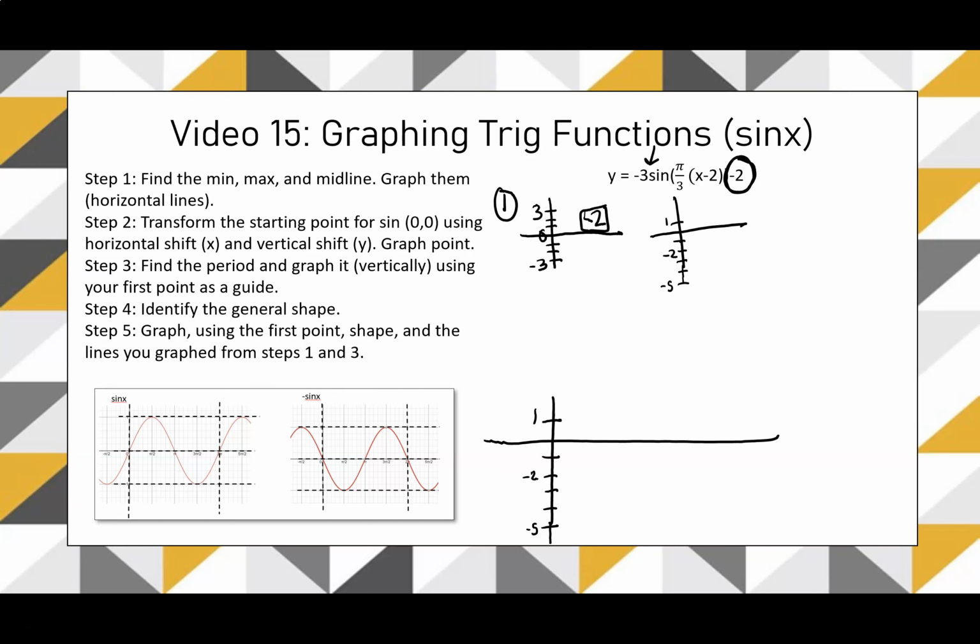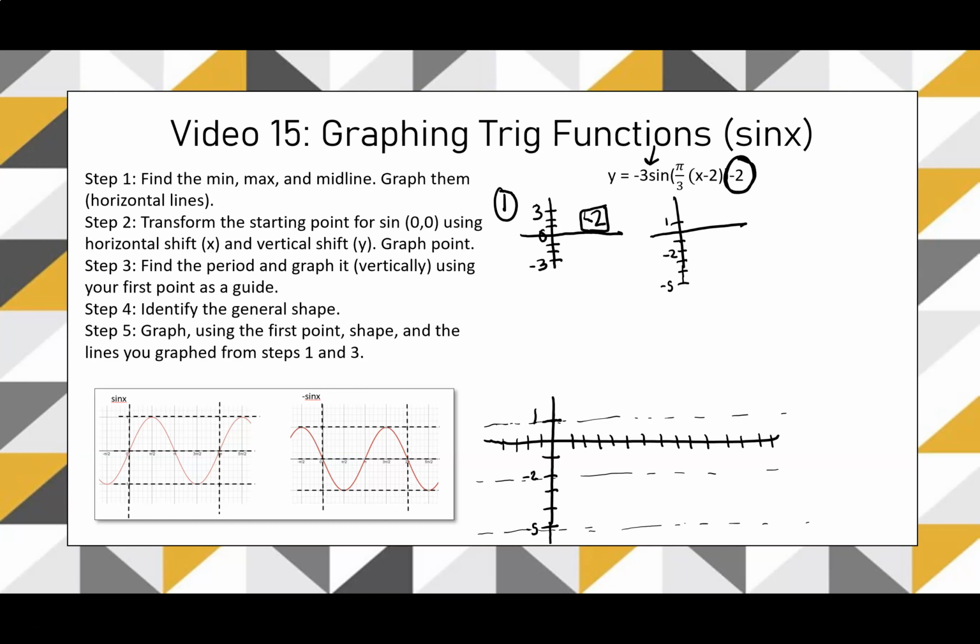There we go. So I'm going to graph my max here at 1. And then I've got my -2 as my midline. And I've got my -5. And while I'm here, I'll just go ahead and add some points here: 1, 2, 3, 4, 5, 6, 7, 8, 9, 10, 11, 12, 13, 14. All right, there we go.